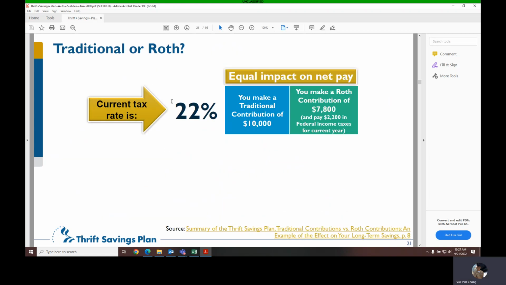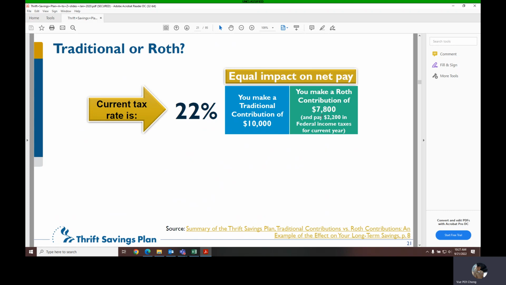So the current rate for most of us is 22%. I believe if you make between 40 and 80 grand, you're going to get taxed 22%. So if I put in 10 grand today, Roth is going to subtract 22%, and I'll actually see some 1,800.